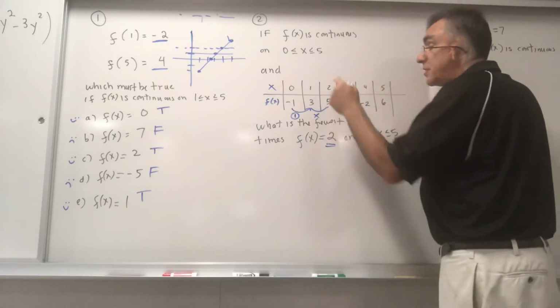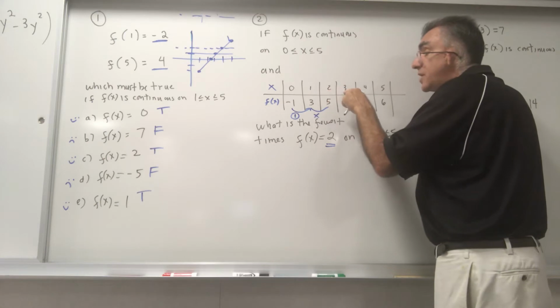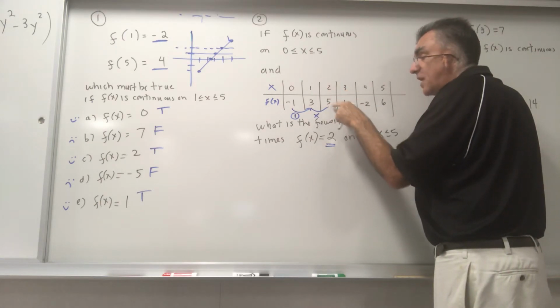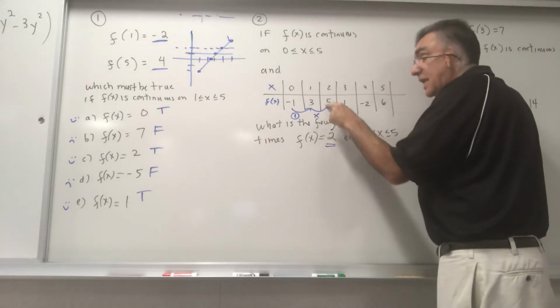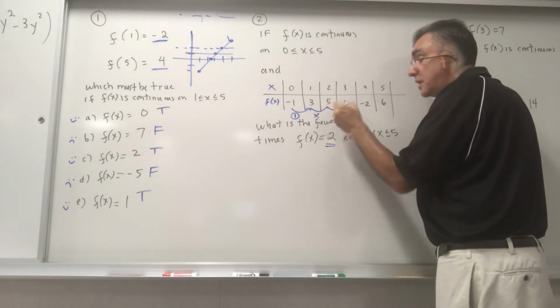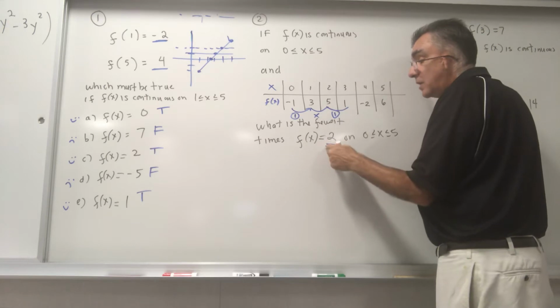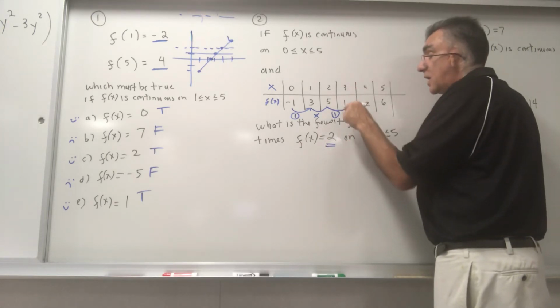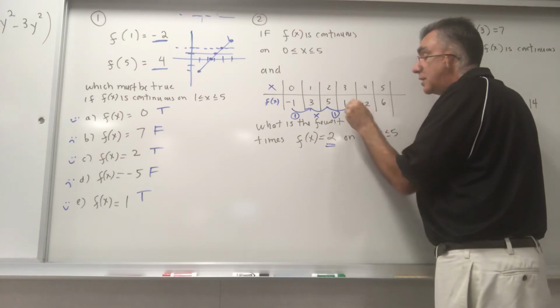Then the intermediate value theorem says that from 3 to 4, f goes from 5 to 1. Yes, I cannot get from 5 to 1 without crossing 2. Then, can I go from 1 to -2?